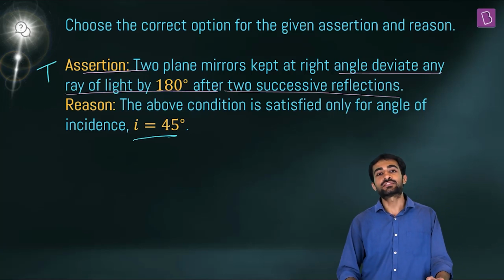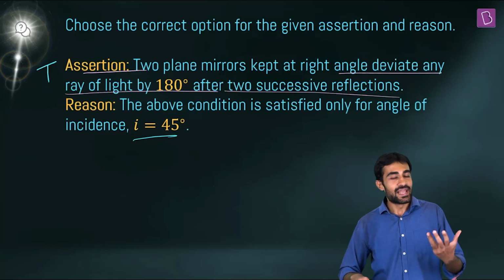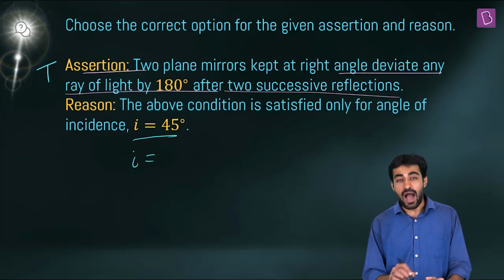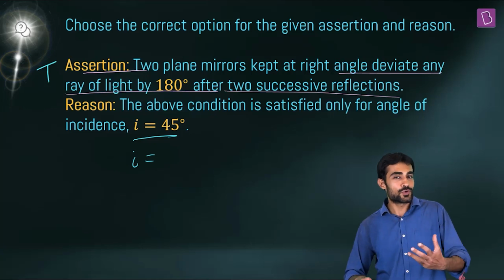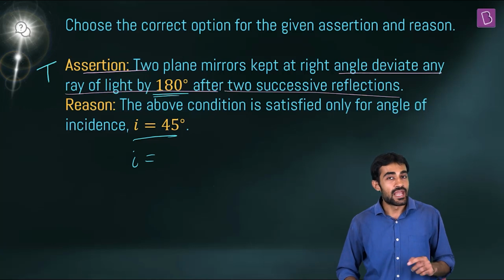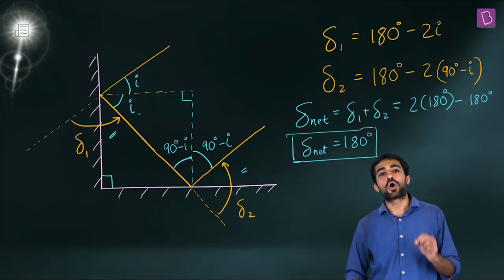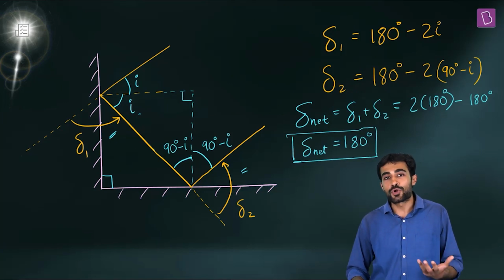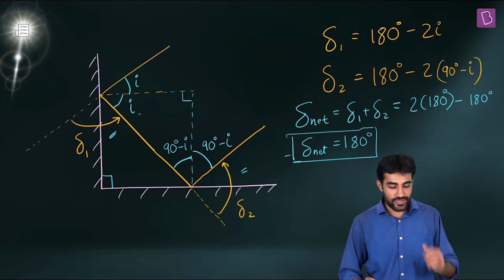The angle of incidence need not always be 45 degree in order to satisfy this condition. If I is some other angle other than 45 degree, for example 60 degree, 30 degree, then also the total angle of deviation would be 180 degree. We just saw that the total angle of deviation was independent of I. So whatever I we want to take, we will get the total deviation as 180 degree.